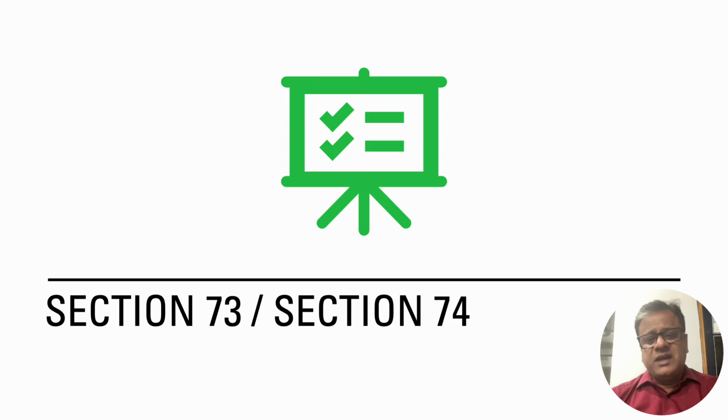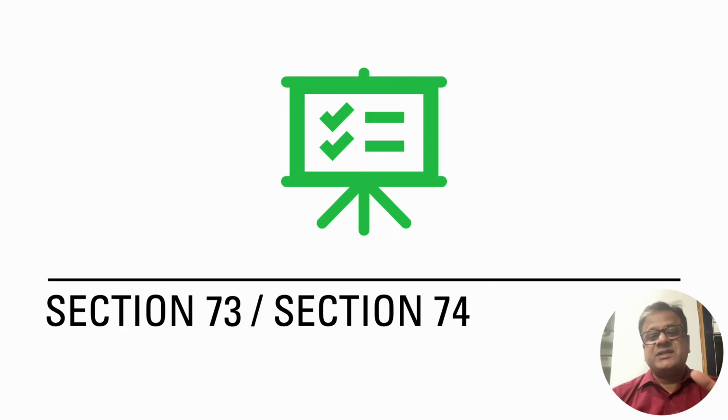Recently, we can see many cases where the notices are issued under 74 and taxpayers sometimes agree to the amount that has to be paid and pay the tax. But the consequences of paying the tax under section 74 are not as easy or as simple. So I'll make you understand that. The differences we'll discuss in the next slide.